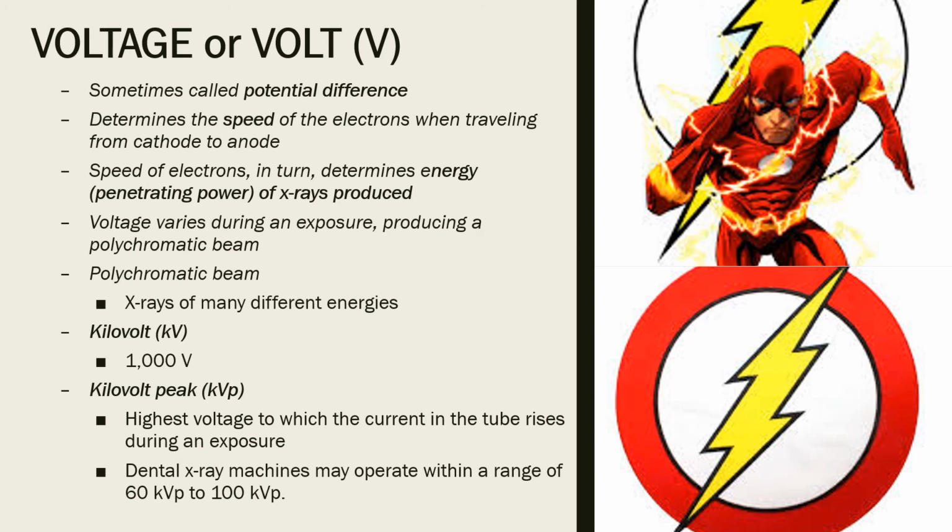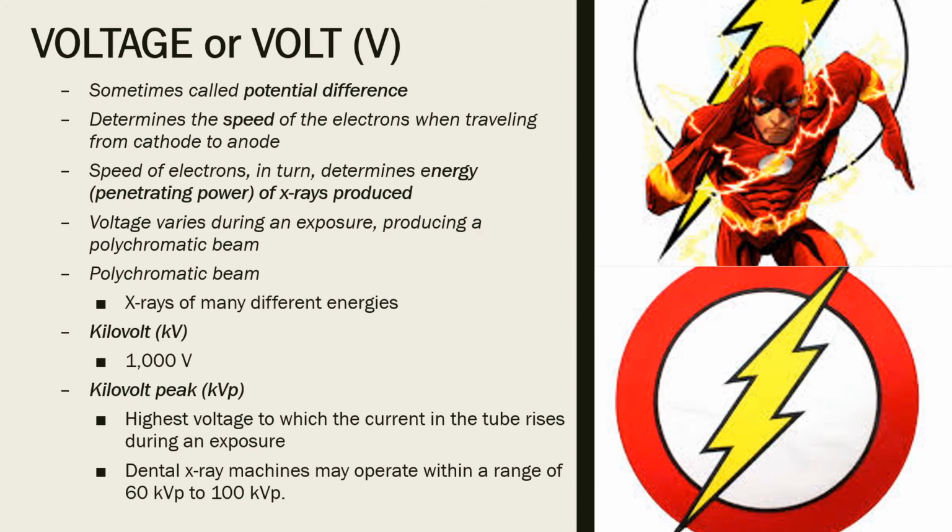However, even with a high voltage, a polychromatic beam is still produced. So this means that the beam has varying intensities, containing high energy X-rays and soft energy X-rays. We've also talked about the kilovolt peak or kVp.